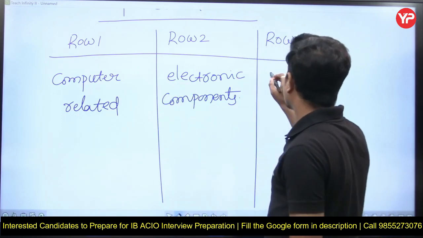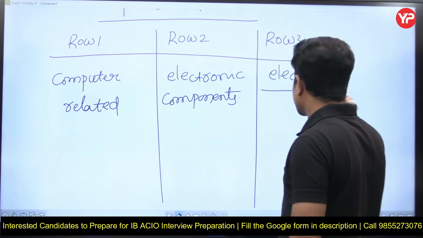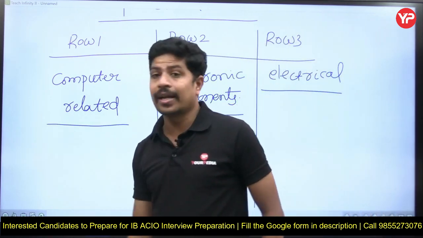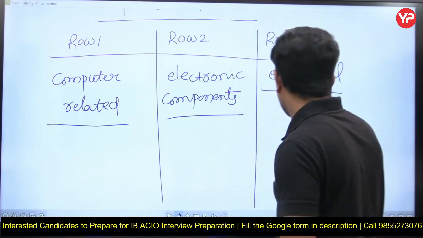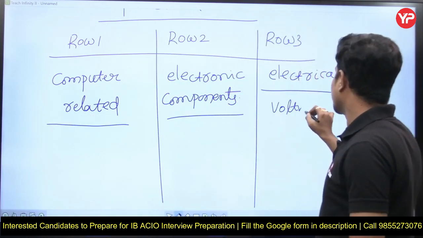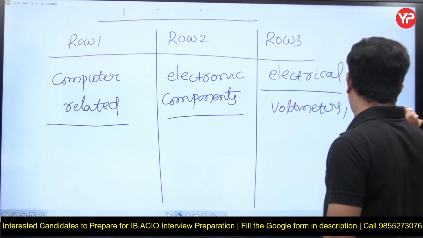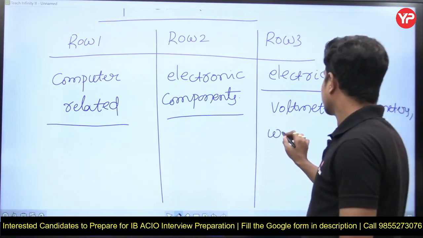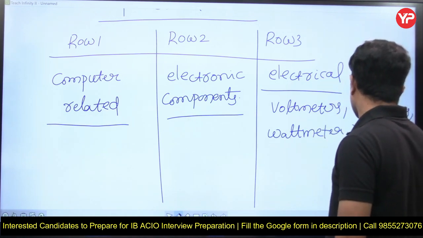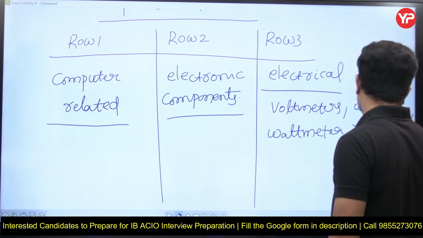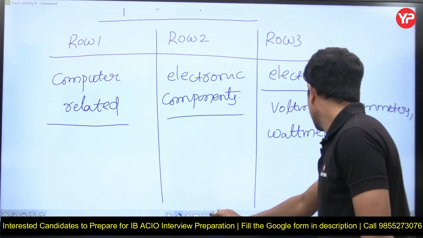And third is electrical. All electronics students might have attended the electrical laboratory. In the electrical laboratory you might have seen voltmeters, ammeters, wattmeters and rheostats, and you might have worked with the rheostats also.